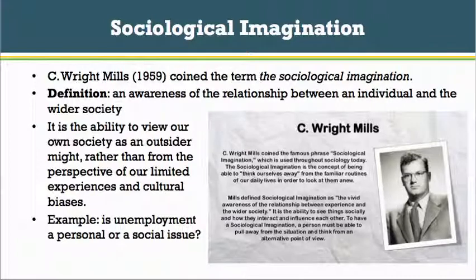He defines this as an awareness of the relationship between an individual and a wider society, because he argues that we live in this very small bubble where we only see people that we're close to, or we're related to, or we work with, and we don't really understand our issues in the scope of the entirety of the world. So, in other words, it is the ability to view our own society as an outsider might, rather than from the perspective of our limited experiences and cultural biases.